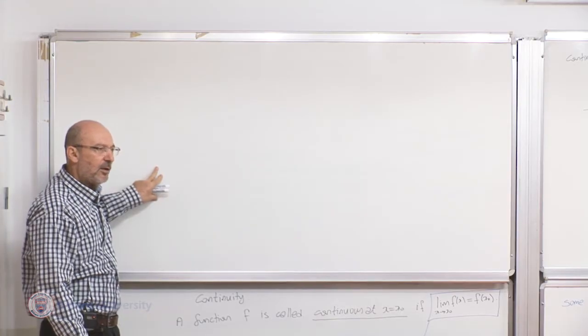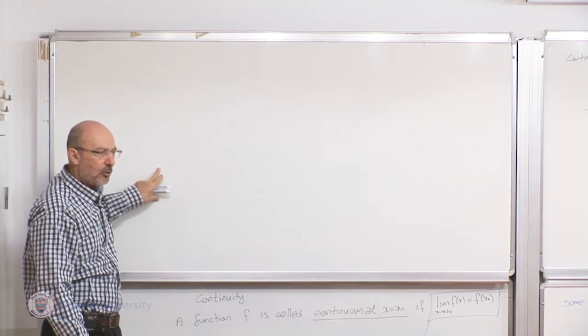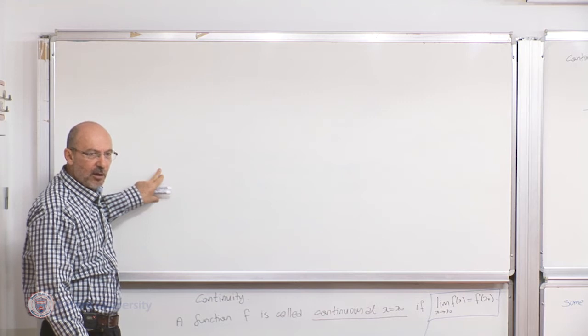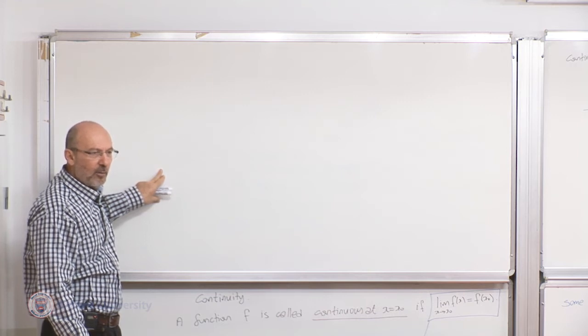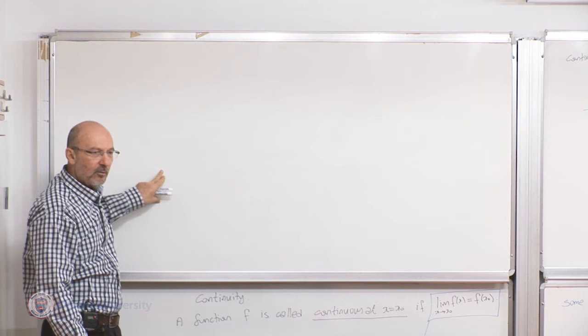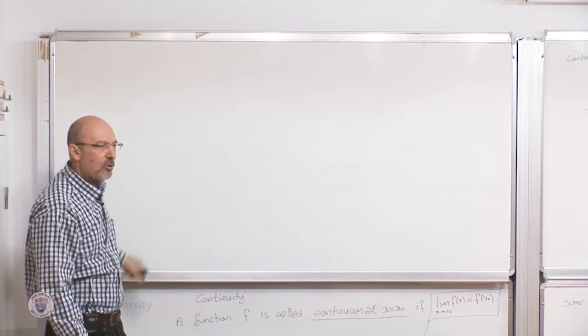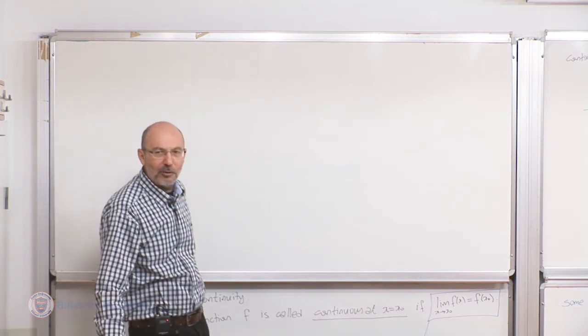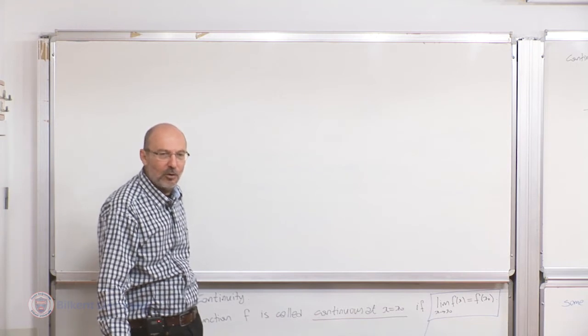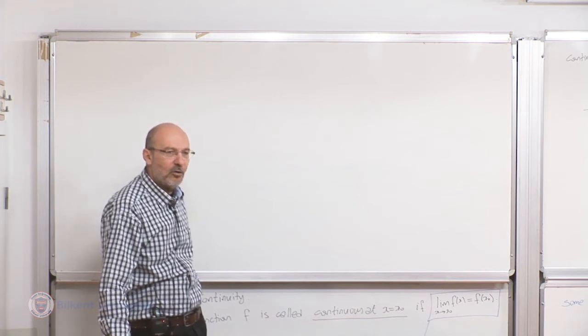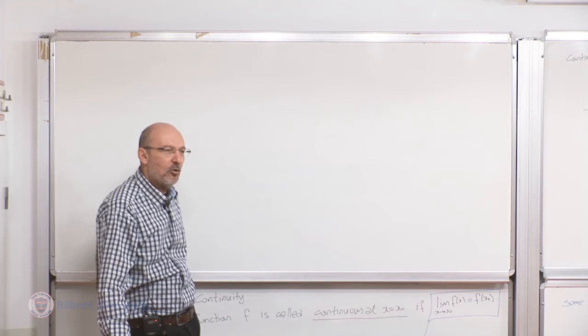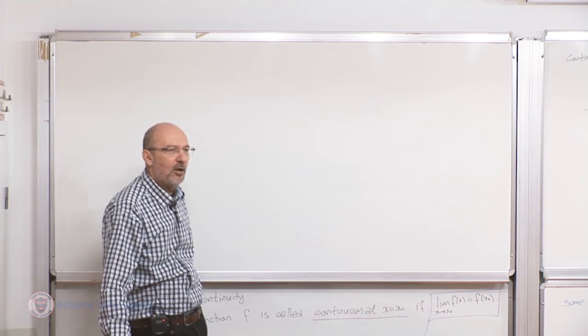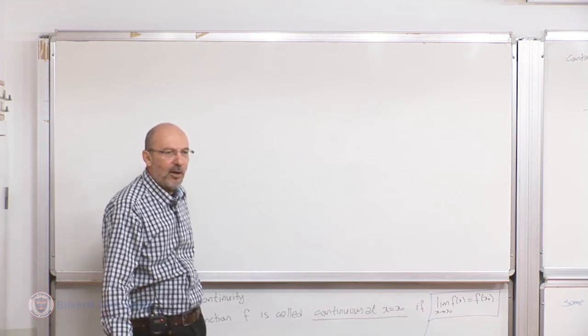Then from there, the rest should be easy, because cosine is the square root of 1 minus sine squared. If sine is continuous, sine squared is continuous, because a product of continuous functions is continuous. 1 minus a continuous function is continuous. It's always positive or 0, so I can safely talk about the square root.